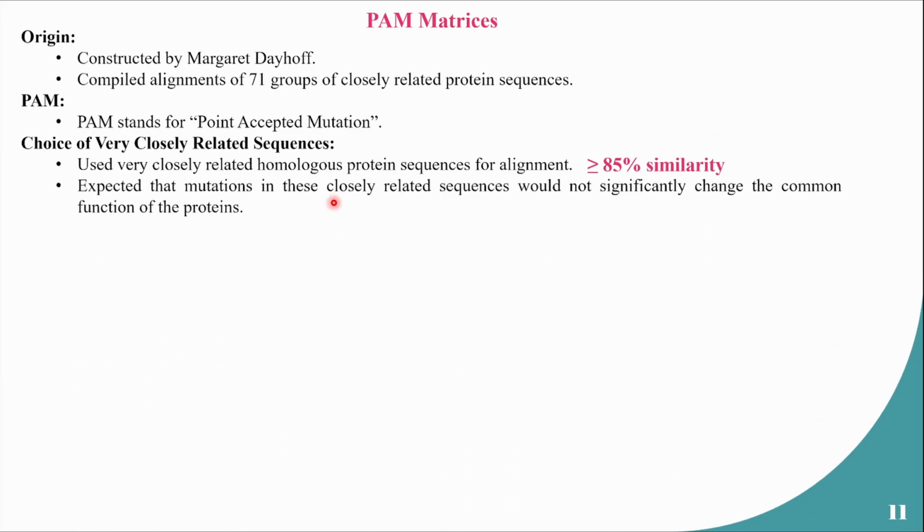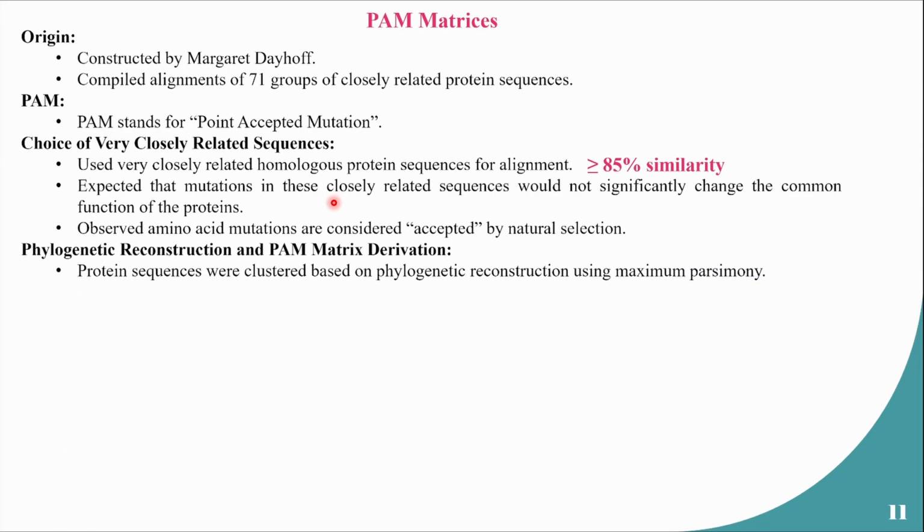And they made some important assumptions that we'll see in some slides. First of all, the expected mutations in the closely related sequences will not change the overall function of the protein. And the amino acid mutations that are observed in nature are considered accepted by natural selection.